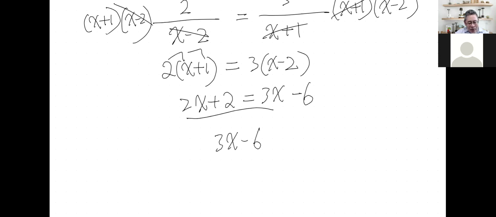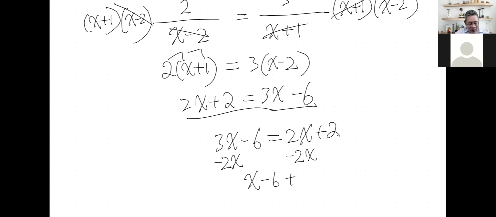Because this is an equation, we can do that. Doesn't matter which side they are on. So in that way, I'm just dealing with a positive variable. So we got x minus 6 plus 2 equal to 2. Then do the same thing as before. So x is equal to 8.